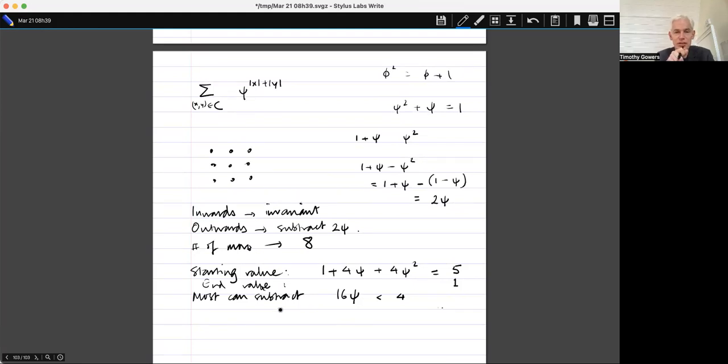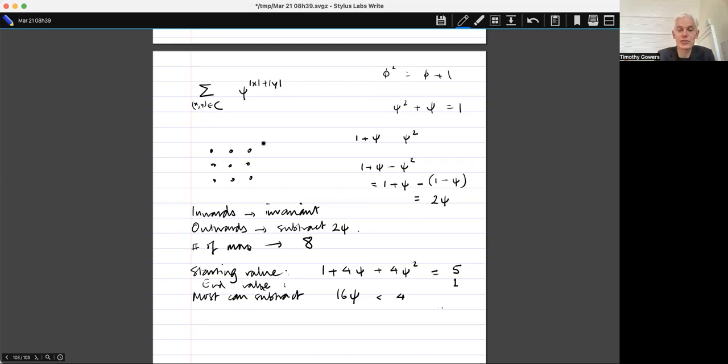But on the other hand, it is also not true that we're going to be subtracting 2 psi every single time. Here for example, I subtract 2 psi, but up here, the only way of subtracting 2 psi is if I have something on 0, something on a neighbouring point, and then I get to the point after that.